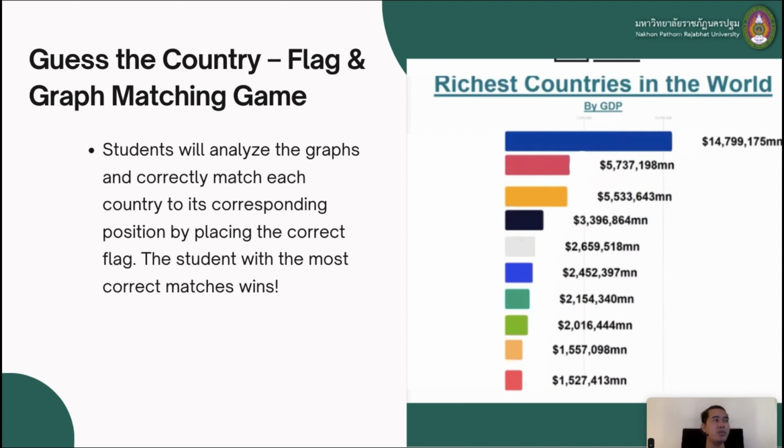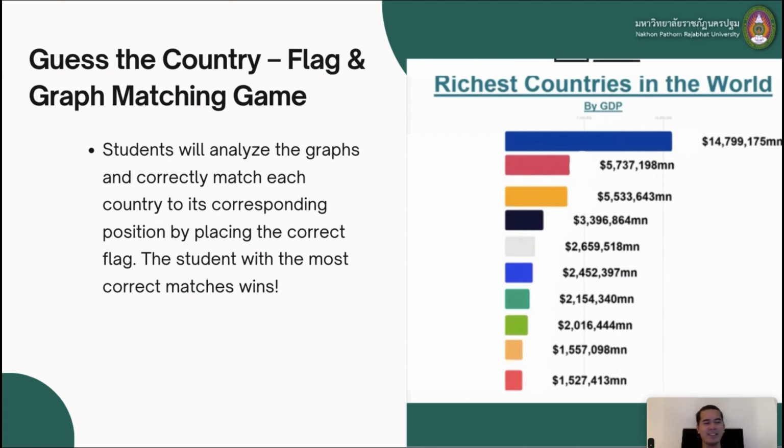We all know that there are first world countries, second world countries, and third world countries. So we have here Asia, America, Europe, Africa, and you are going to think of those countries, and then try to think of 10 countries from that, and if you get the highest, then you will win.